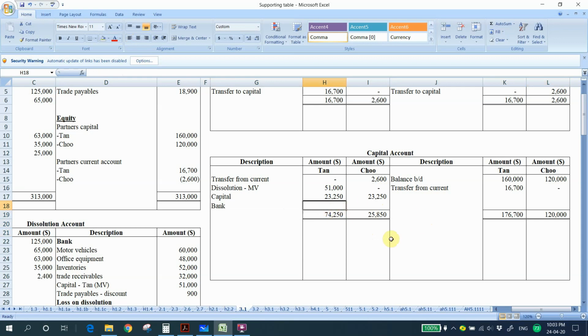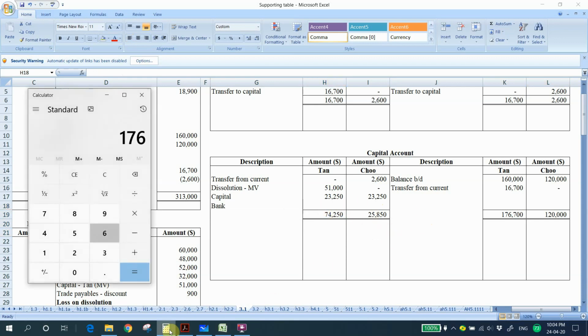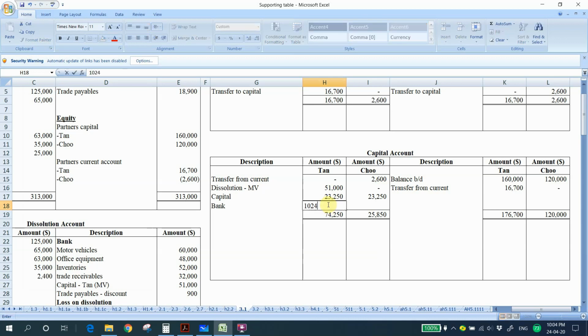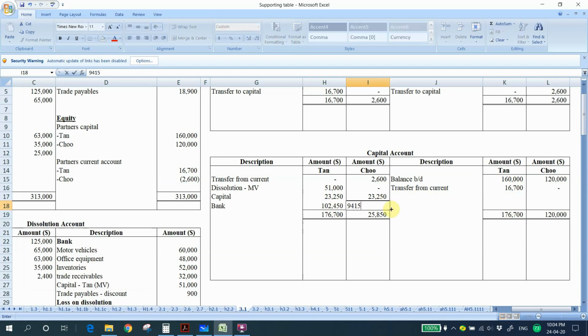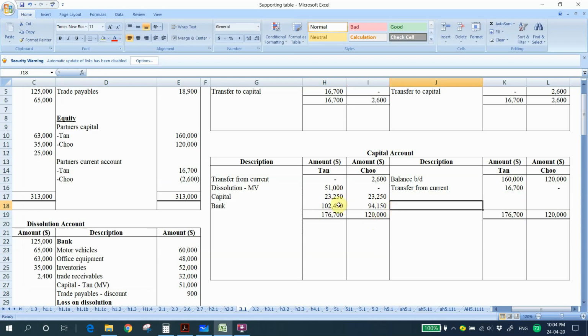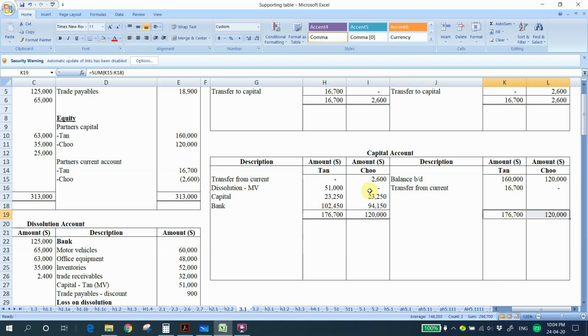So how can we find out the balancing amount? 176 minus 74,250. So for Tan is 102,450. So we can balance the Tan capital account. And for Chu, we use 120,000 minus 25,850. So we can get 94,150. So we can balance the capital account without balance CD and BD.